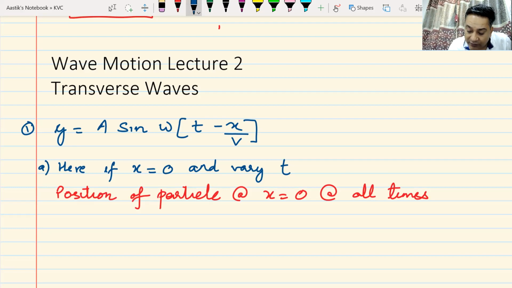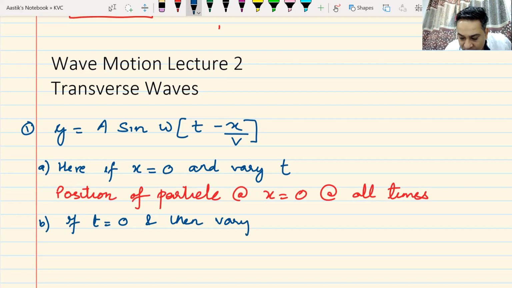Now, if I do the reverse of this, what do I mean by the reverse of this? If I put t as 0 or t as 1 second, 2 seconds, 3 seconds, and then vary x, then what will happen? Can you tell me? I keep that value of time fixed 0, 1, 2, 3, 4, and so on, and I change the value of x. What will I get, beta?